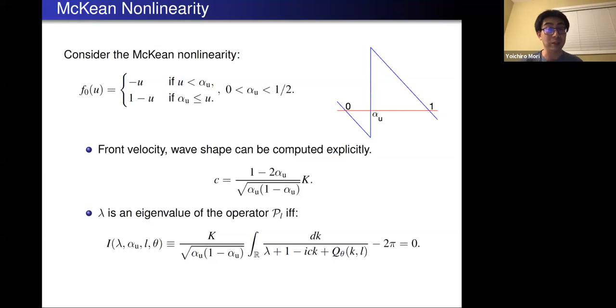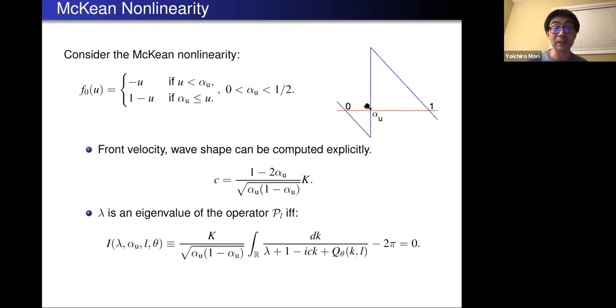And we here turn to what is often known as the McKean nonlinearity, which is a caricature of a bistable nonlinearity, with linear plus a Heaviside function.